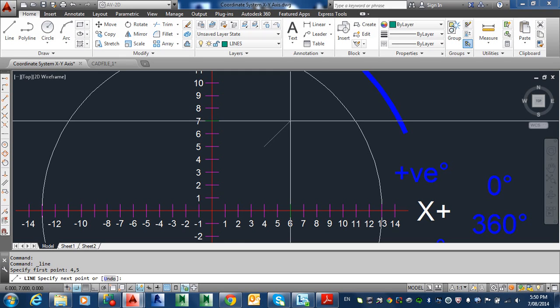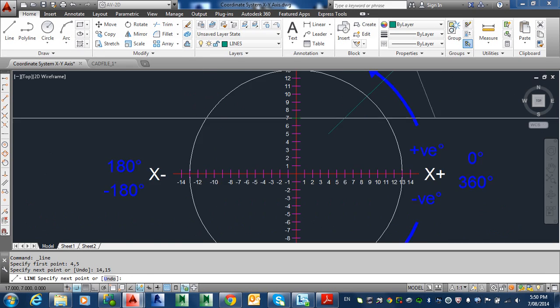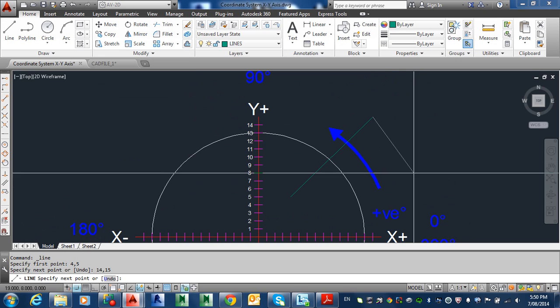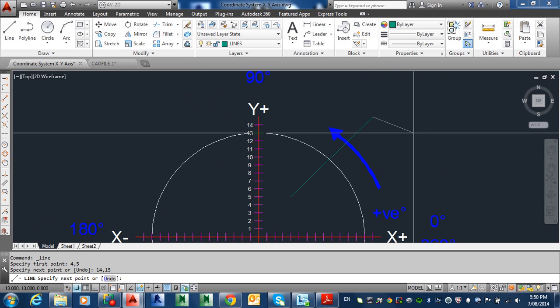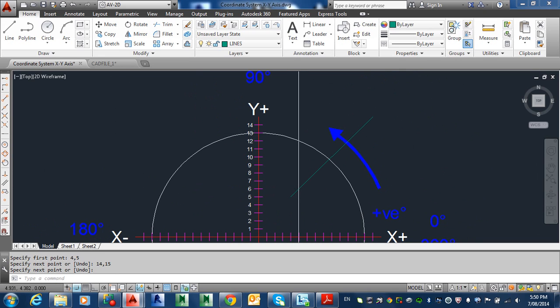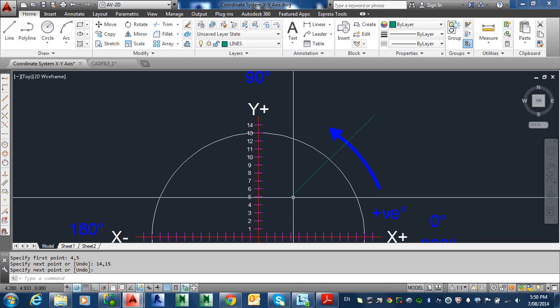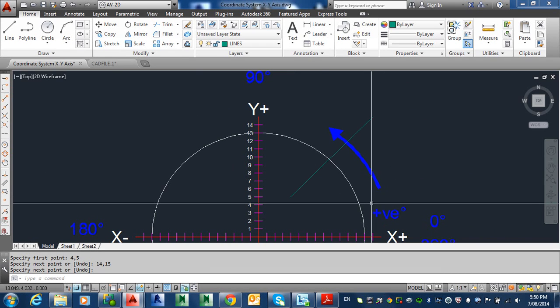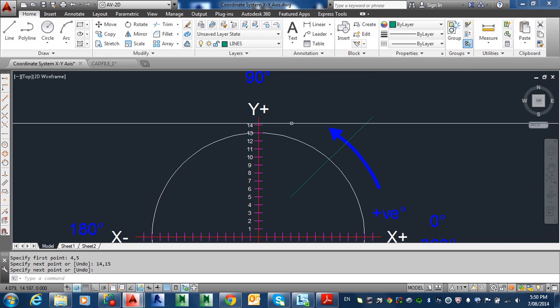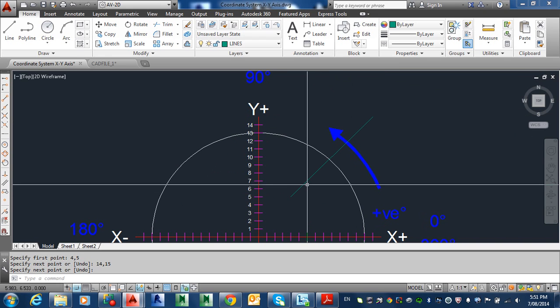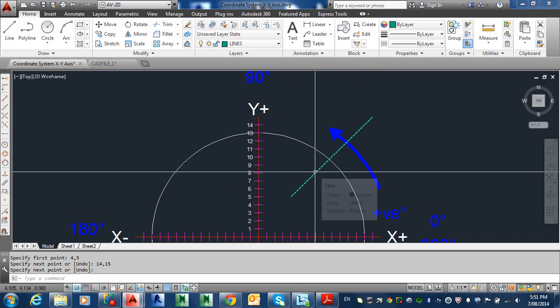So if I went next 14,15, just like that, it's still getting the number from the 0,0. It's counting from 0,0. Here I am. So if I enter that, I finish it. Basically, the difference between there and there in the X is 10, and again in the Y it's 10. All right. So how else could I have created that line?